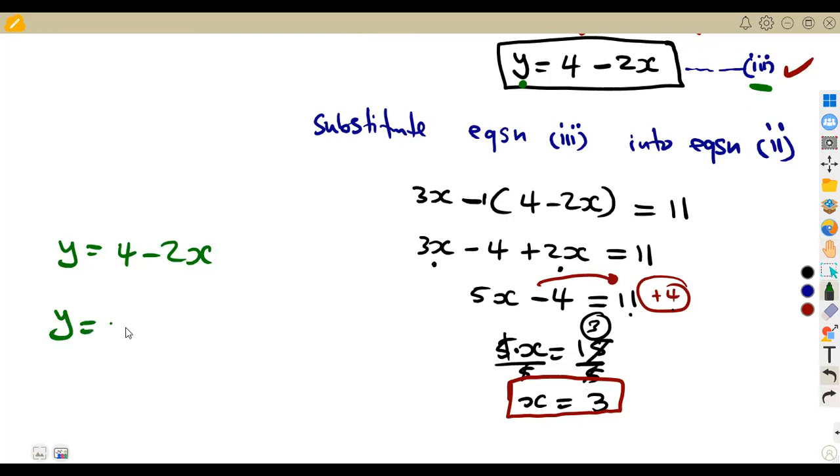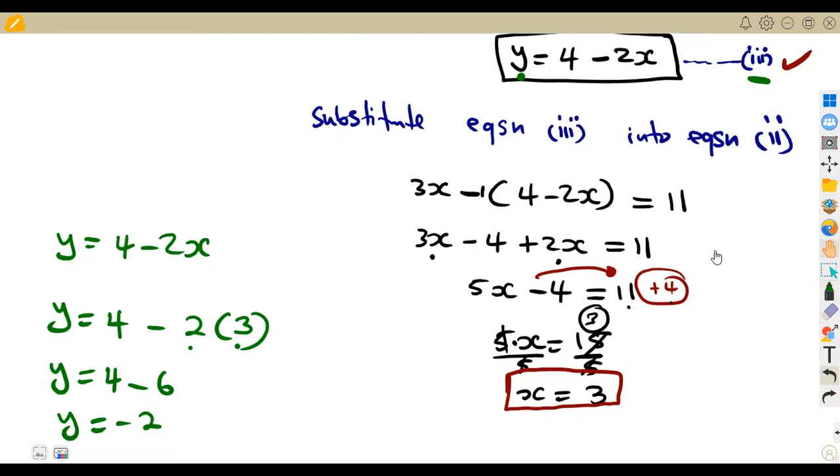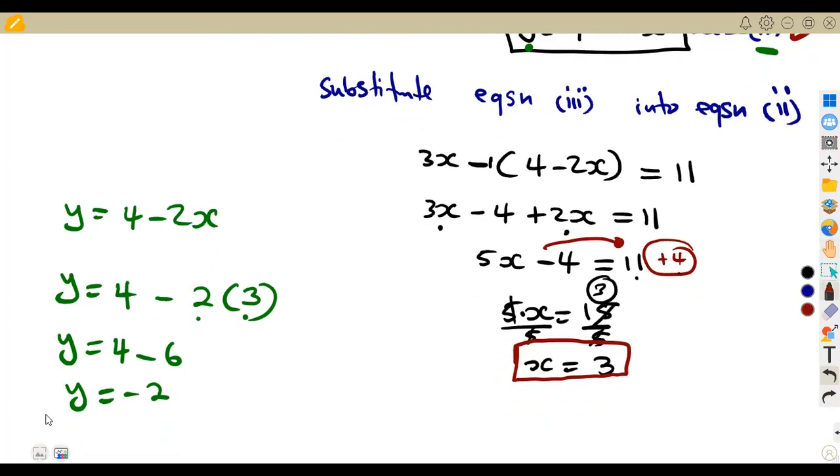So we're just going to substitute direct minus 2 times x, which is 3. So y is going to be 4 minus 2 times 3, that's a -6, and y is going to be 4 minus 6, which is -2, of which you can just use a calculator like I mentioned before.